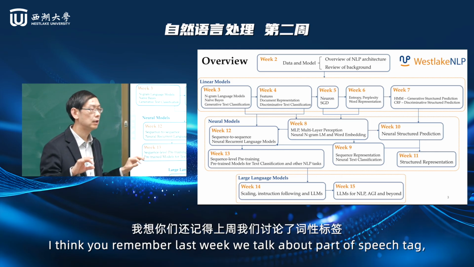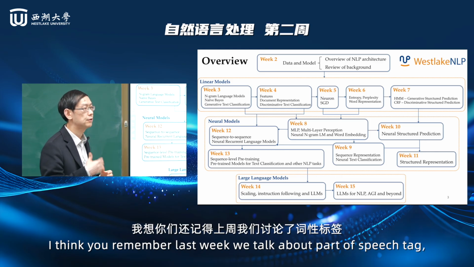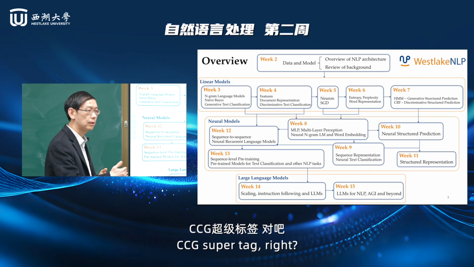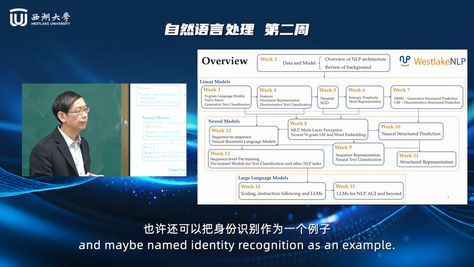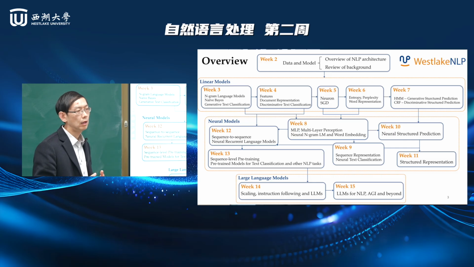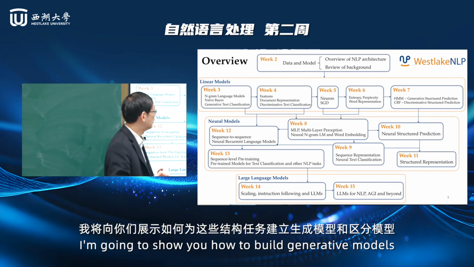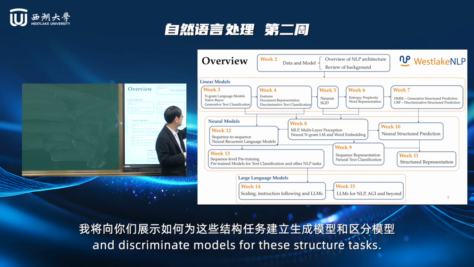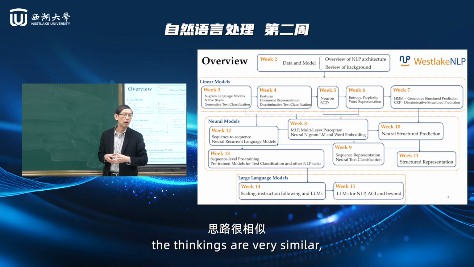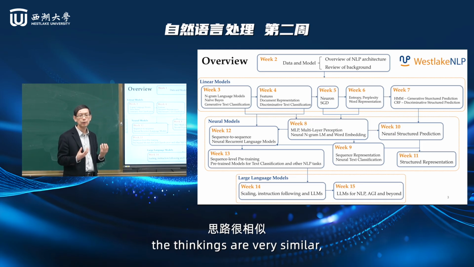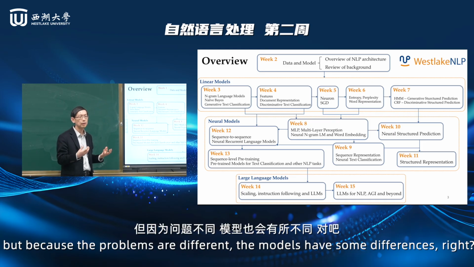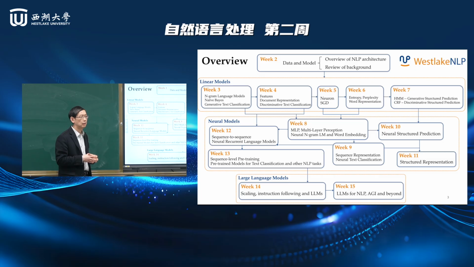I think you remember last week we talked about part of speech tagging, CCG supertagging, and maybe named entity recognition as an example. I'm going to show you how to build generative models and discriminative models for these structured tasks. The thinking is very similar, but because the problems are different, the models have some differences.